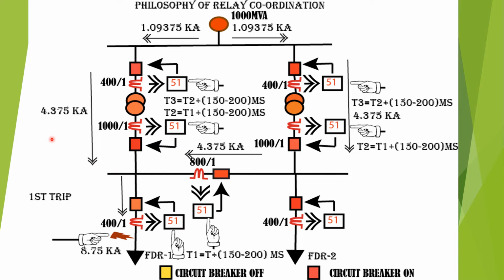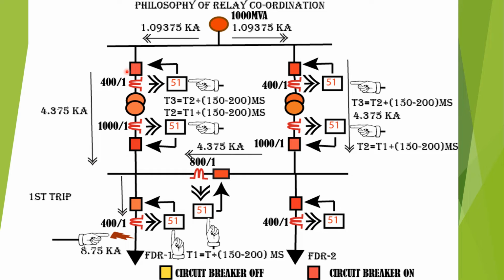So the fault current will be supplied from the LV side of the transformer, each is 4.375 kiloampere. In the HV side, the reflection of the fault current will be 1/4 of the LV side current.